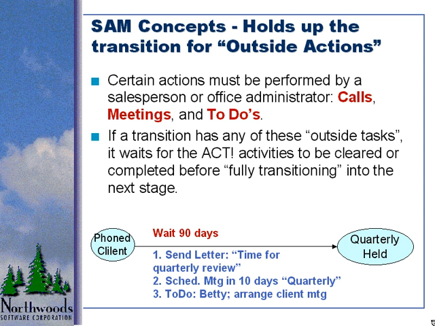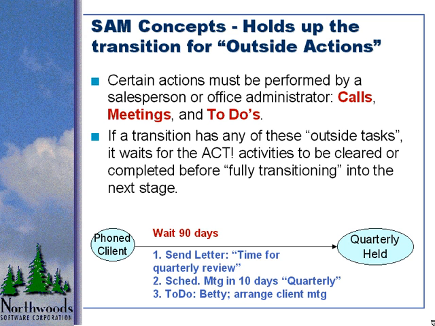So here's an example where a client has been phoned, and we have client misspelled, I just realized as I'm doing this. The client's been phoned, and the procedure is to wait 90 days and then schedule another meeting.